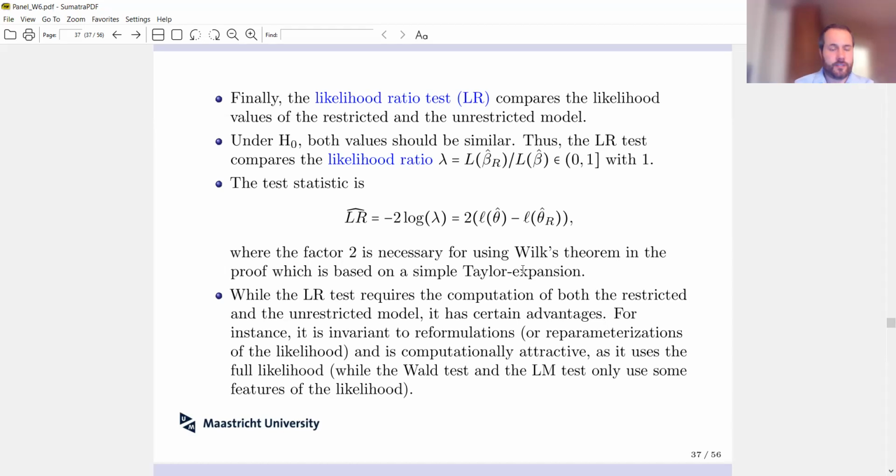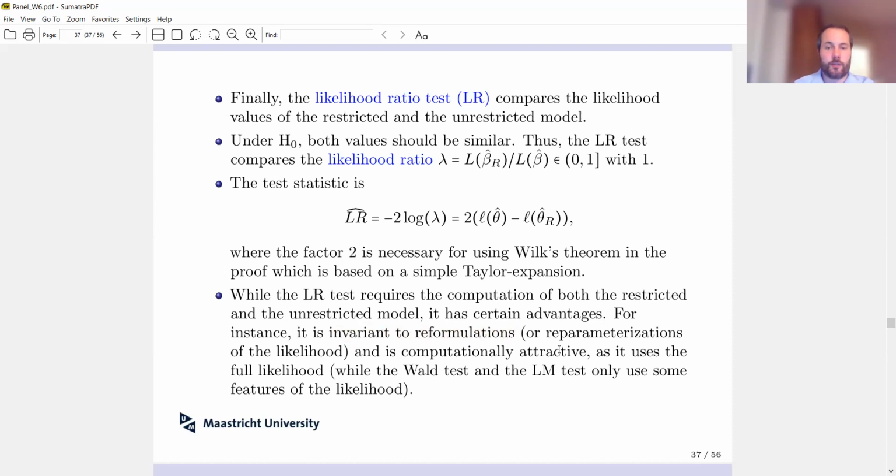Now, this likelihood ratio test has one disadvantage: we need to evaluate the likelihood ratio, so we need both the restricted MLE and the unrestricted MLE. You have to do two estimations. However, a big advantage is that it's invariant to reformulations, which means you cannot cheat.